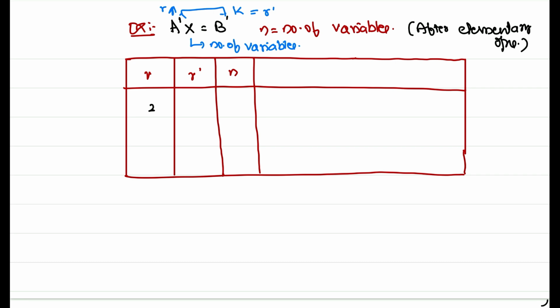Let us take one by one some good examples so that rank of A is, let us say, 3. And rank of R dash, the augmented matrix, is 3. Number of variables is 3. Then what will be the behavior? Consistent and unique solution.